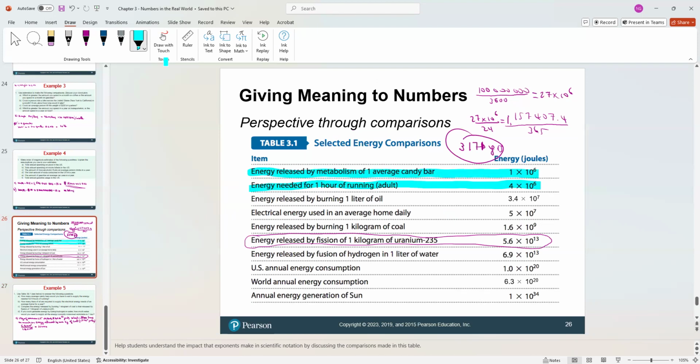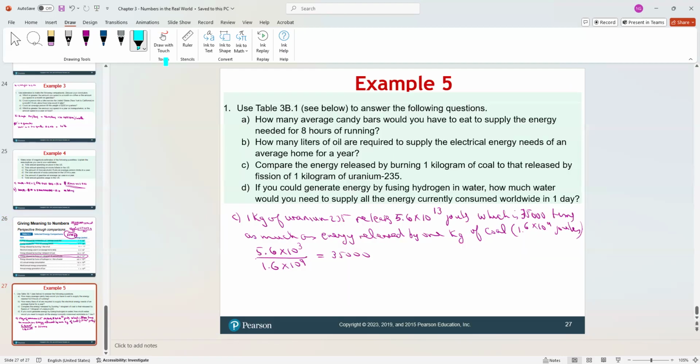So 1 times 10 power 6, that's 1 million. So 4 candy bars would be needed for each hour of running, which means you would need about 32 candy bars to supply it.